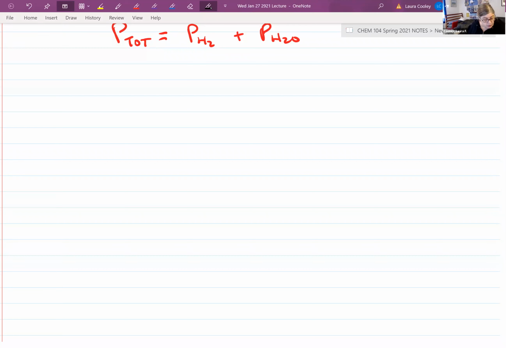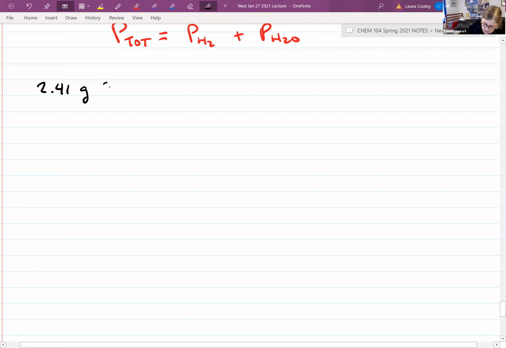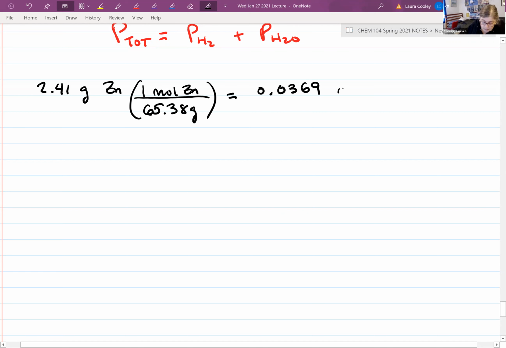Okay. All right, so let's go back to the 2.41. 2.41 grams of zinc. 1 mole of zinc is 65.38 grams, so 0.0369 moles of zinc.